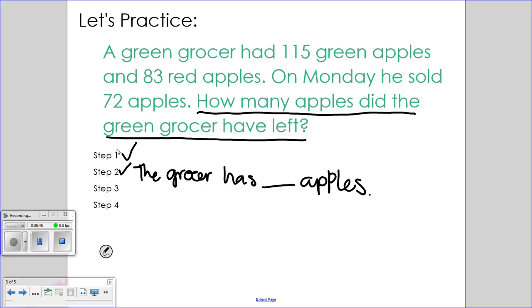So I need to know how many total apples I have first, right? So I'm going to add 115 plus 83. I'm going to use expanded form strategy. You don't have to. That's the strategy I'm going to use. I want you to solve this problem in your notebook.